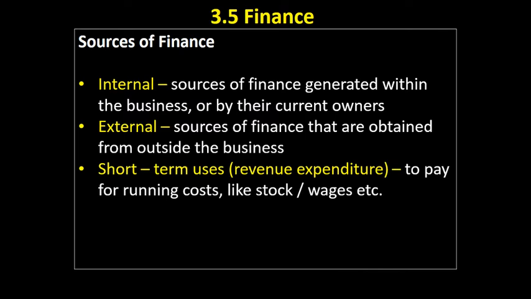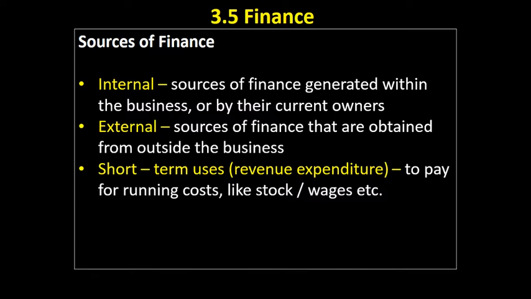You need to be aware that different sources of finance will be appropriate for different situations depending on what the use of that finance is expected to be. So the specification says short-term use of finance. I would call this revenue expenditure.